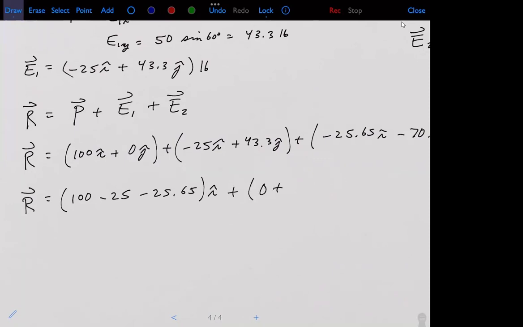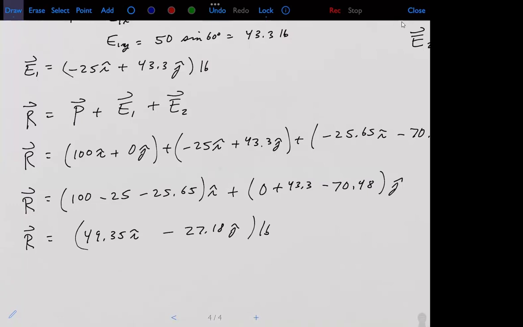I have 0, 43.3, and then minus 70.48 j hat. So if you work this out, this is going to be 49.35 i hat, and then it'll be actually minus 27.18 j hat pounds. Okay, so that's our answer.